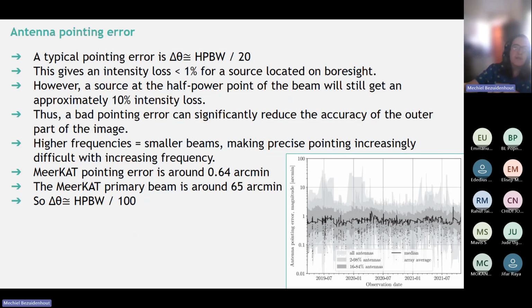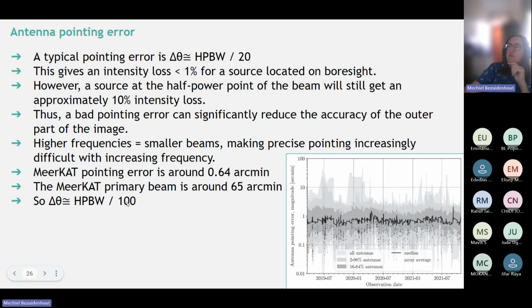They assume that the pointing error is negligible, but as we can see, 0.64 arc minutes is a pretty significant amount, and for the most part, that's very often not taken into account. So if you find your image has some sort of error, especially towards the edges of the image, then the pointing error is very often the culprit that you have to look at.